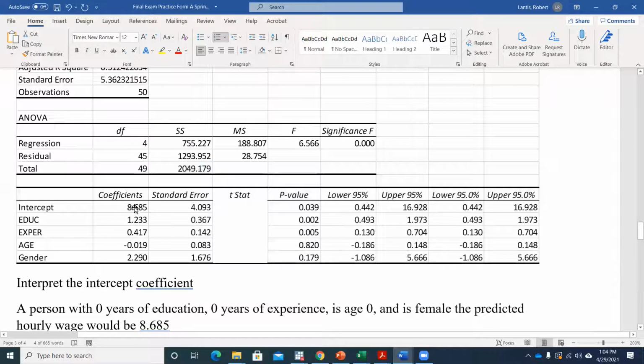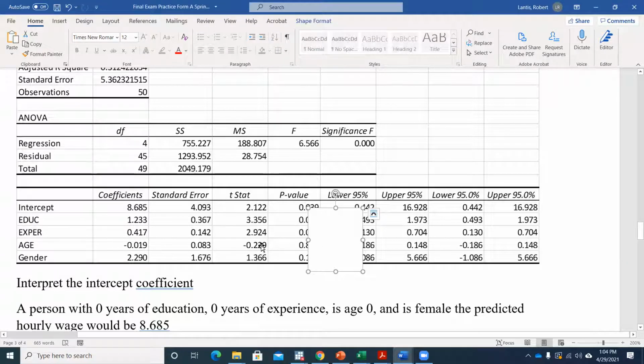So if I'm looking at that output, I could calculate these test statistics by taking the coefficient and dividing it by the standard error. For this age variable, negative 0.019 divided by 0.08 is roughly negative 1/4, or negative 0.25, really close, if I actually divide the age coefficient by the standard error. And all I did there, I had a text box in the file over this so you couldn't see it.